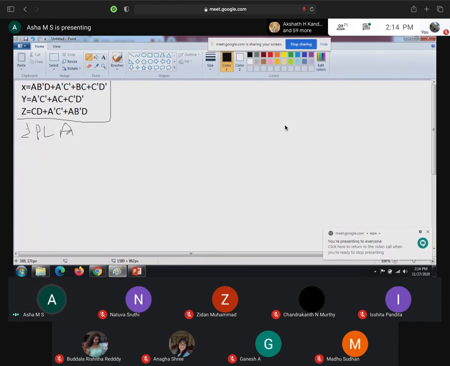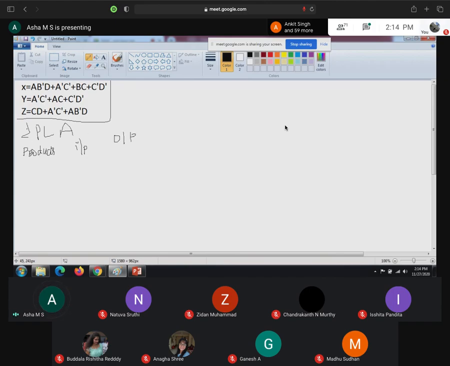Before constructing the circuit, I need to draw the PLA table. What does the PLA table consist of? It consists of product terms, then inputs, then outputs.